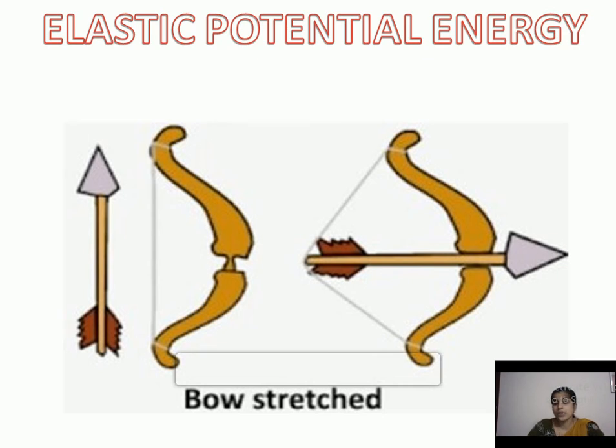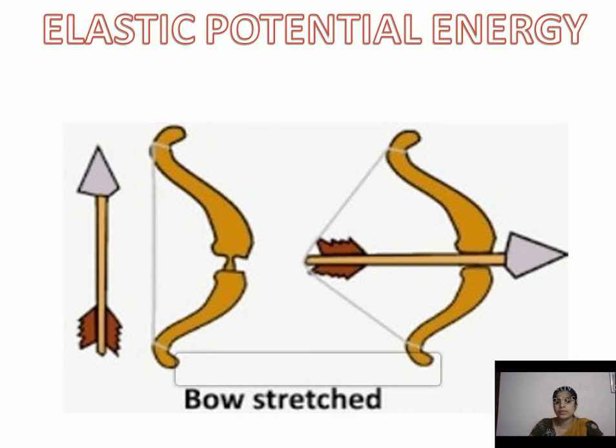Okay, if a spring is not stretched or compressed, then there is no elastic potential energy stored in it. The spring is said to be at its equilibrium position. The equilibrium position is the position that the spring naturally assumes when there is no force applied to it.